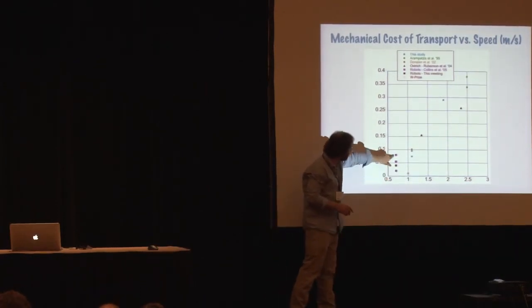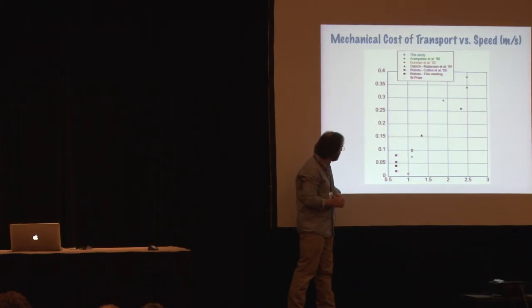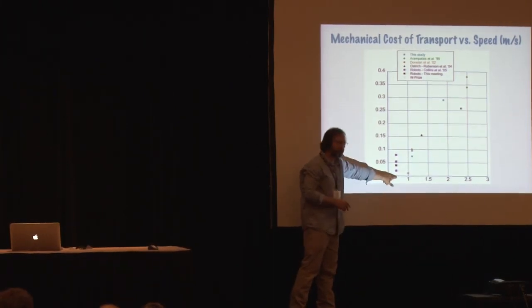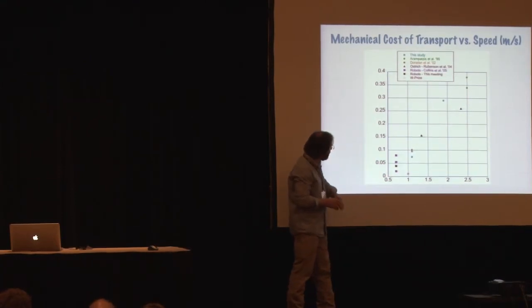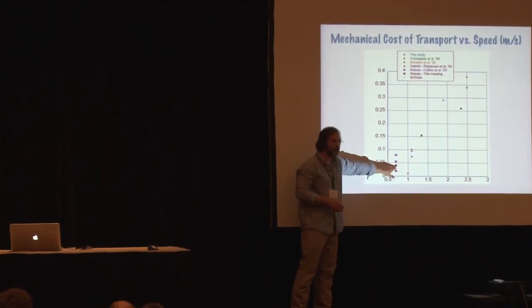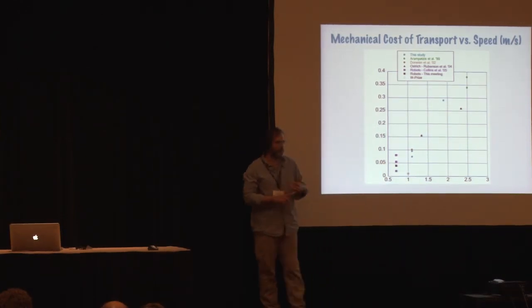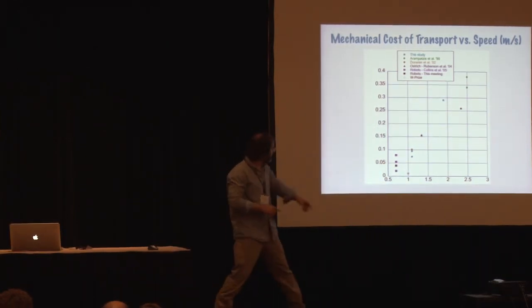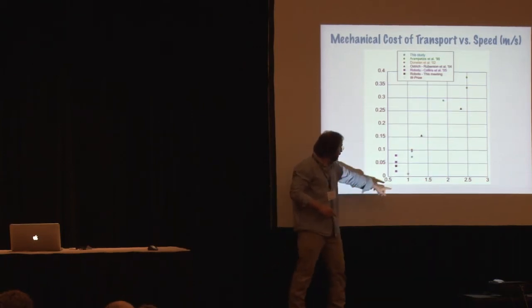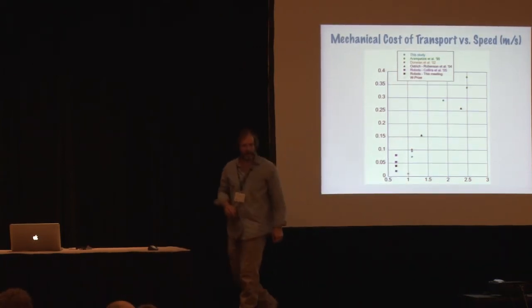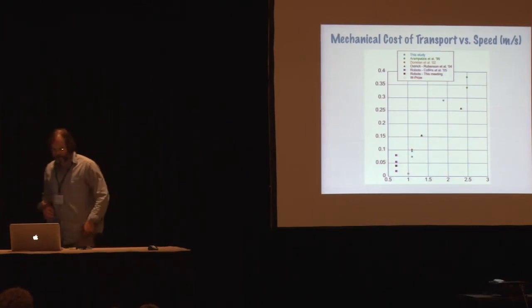Some robots reported by Steve Collins and others in 2005, and I'm assuming the speed is low, 0.7-ish, less than 1, but I'm not really sure about that. These are everything at this meeting so far. Mechanical cost of transport has been 0.04, so that's Cornell Ranger, the Spring Flamingo down here in the black. And I believe that's the W prize, although I didn't get my hands on those data firsthand.